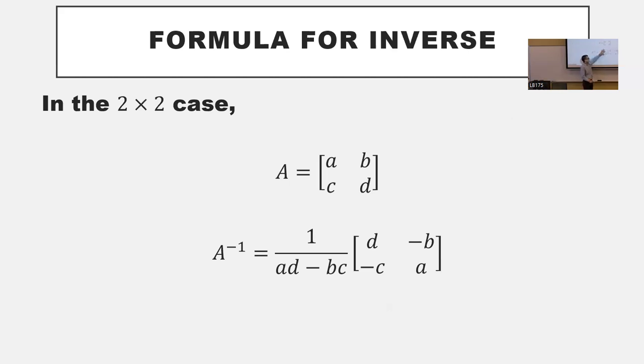So that's a scalar out front times the matrix D, negative B, negative C, A. So we have a scalar times this matrix, where it kind of just swaps D and A and then puts a negative on B and a negative on C. So that's the special formula in the 2x2 case.